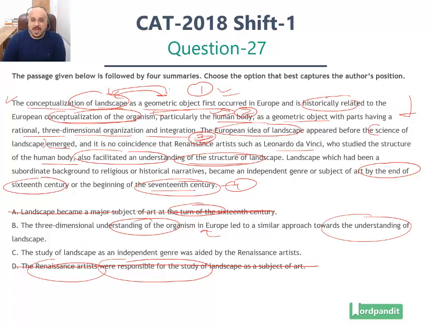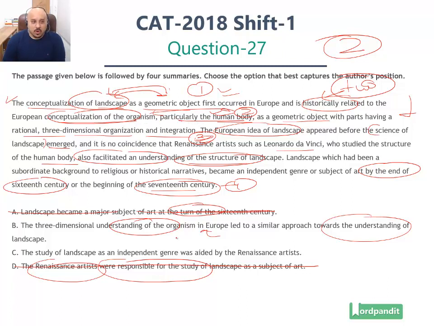The paragraph states they are historically related. It relates the two things, does not really imply a direct causation. It just relates the two things. On the other hand, this option implies a causation. Secondly, the paragraph, and more importantly, implies that it's historically related to the European conceptualization of the organism, particularly the human body.